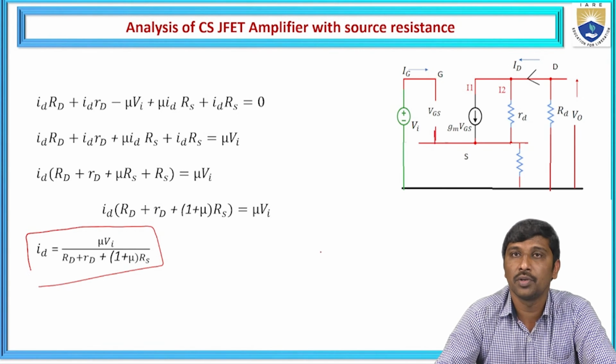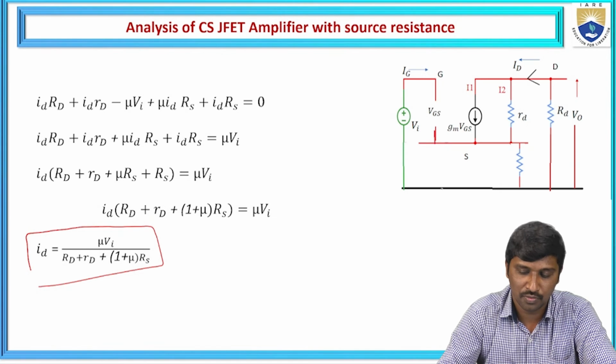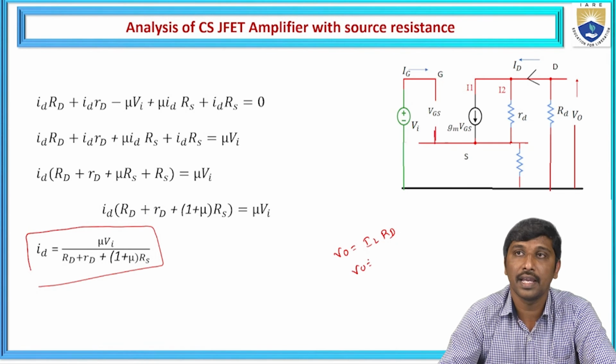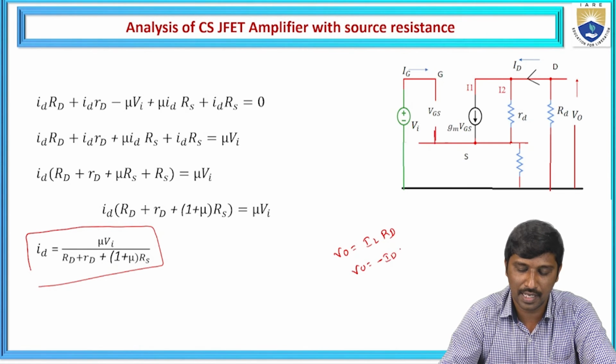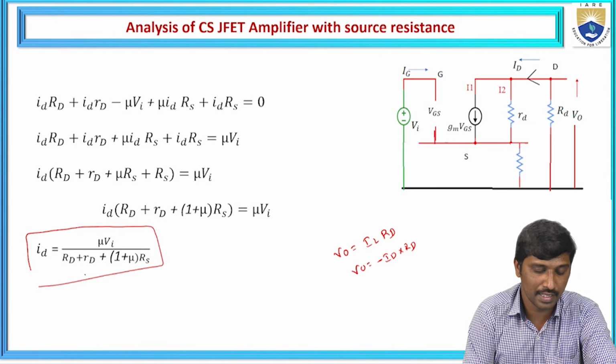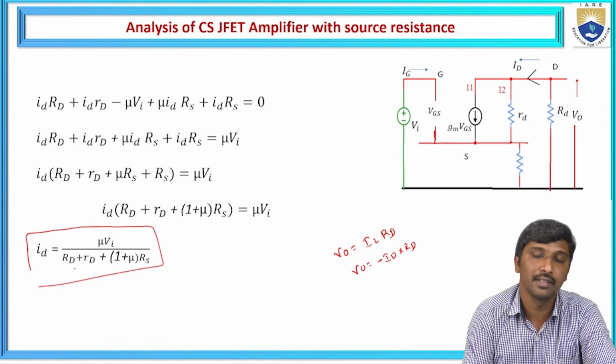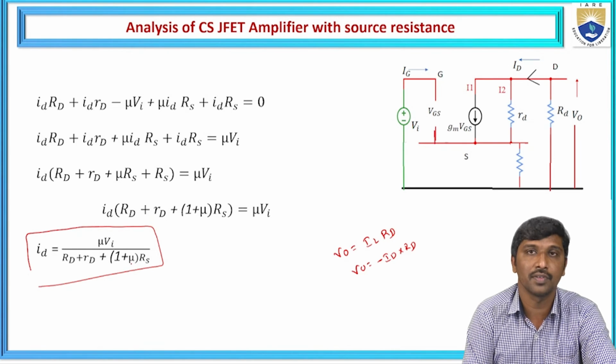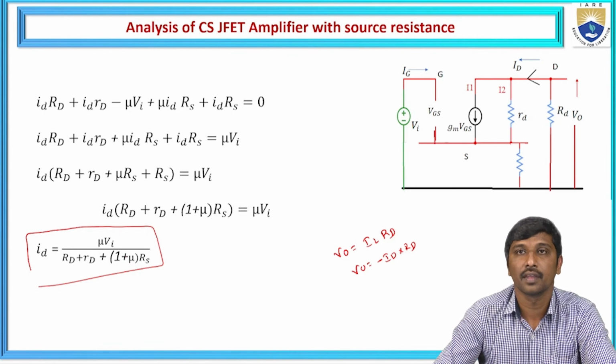Now we are going to find out the output voltage. From the circuit, we know that V0 is equal to IL into RD, or we can also write V0 is equal to minus ID into RD. We got the ID value, which is mu times Vi by capital RD plus small rd plus 1 plus mu times Rs.